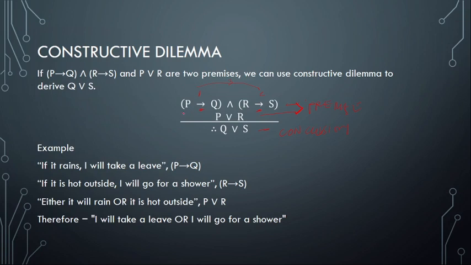First things first, this first proposition. If it rains, I will take a leave. The P is rain. The other proposition: if it is hot outside, I will go for a shower.